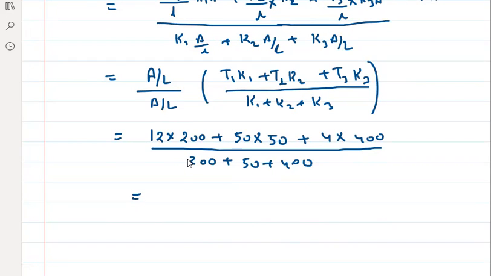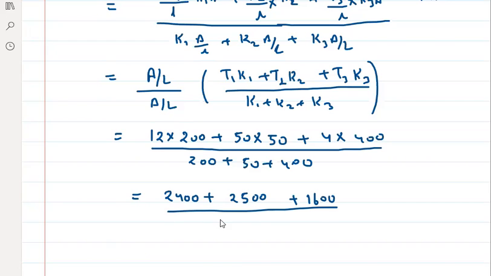Now if you see, it is quite easy because 2400 plus 500 plus 1600 divided by 650.